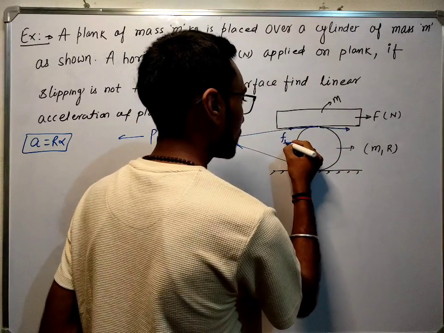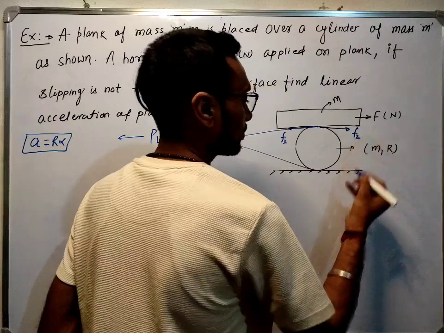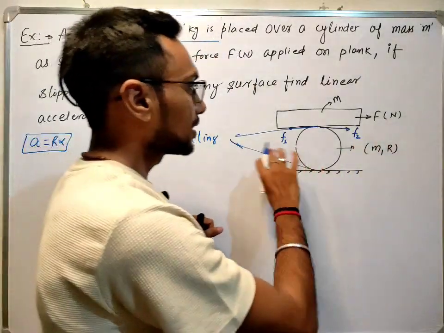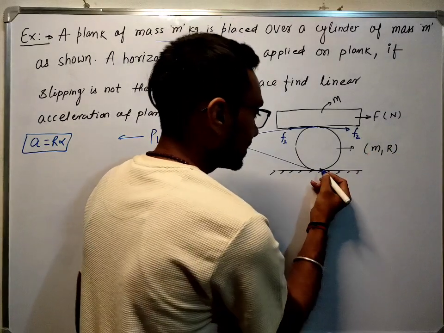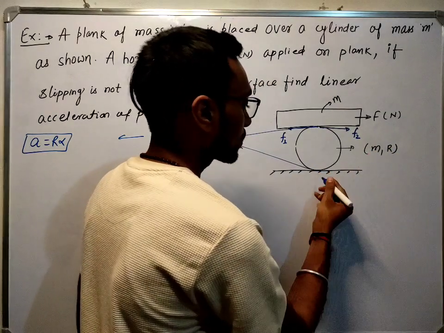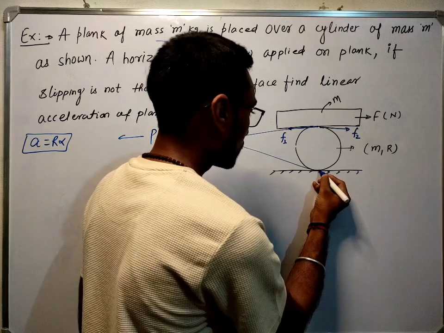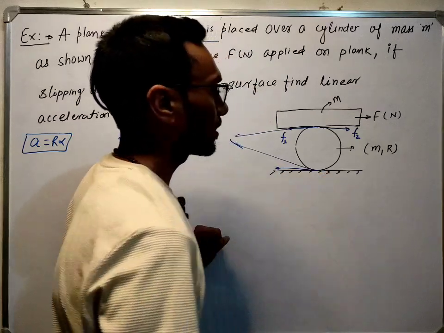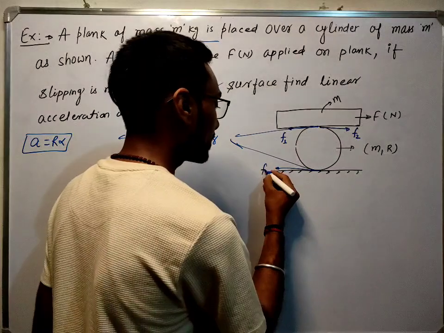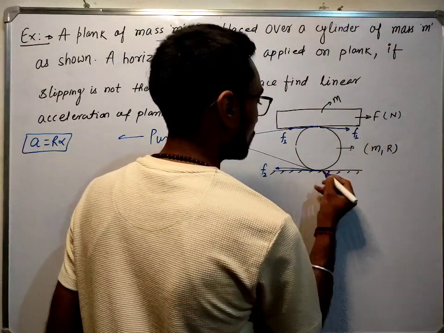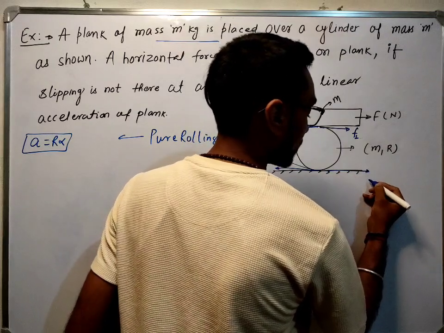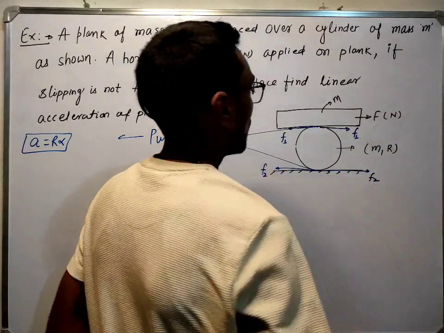Let's suppose this one is F1 and this one is F2. When the cylinder wants to rotate or move forward, the tendency of this point is to move forward, so at that point again on the cylinder, friction will act in the backward direction. This one is F1, this is F2, and the same amount of friction F2 is acting on the surface.